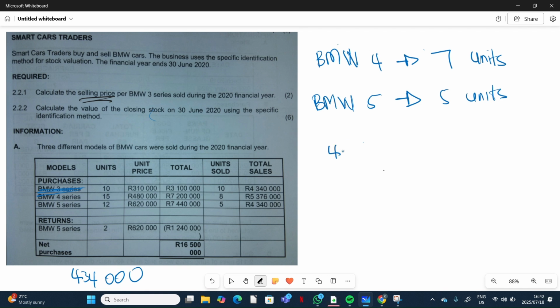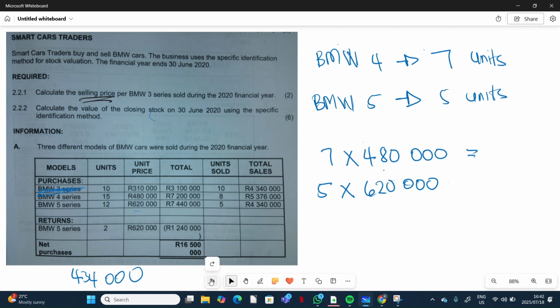So obviously we have 7 units of BMW 4 Series. So you're going to multiply it by what? 480,000. Then we also have 5 of the 5 Series left, and each one of them cost 620,000.